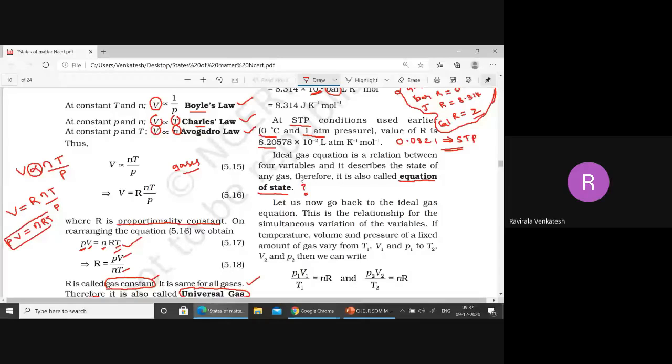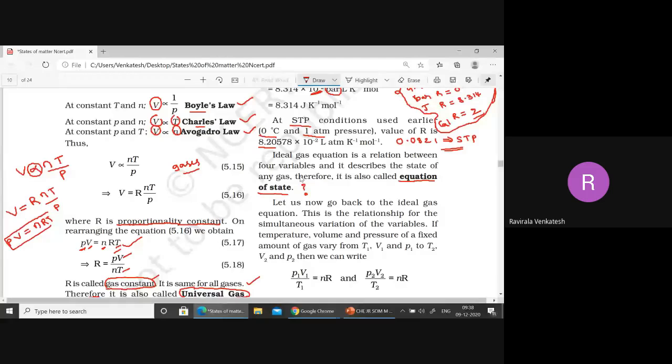It relates 4 variables, temperature, pressure, volume and number of moles, and describes the state of any gas based upon these variables. Therefore it is called the equation of state.